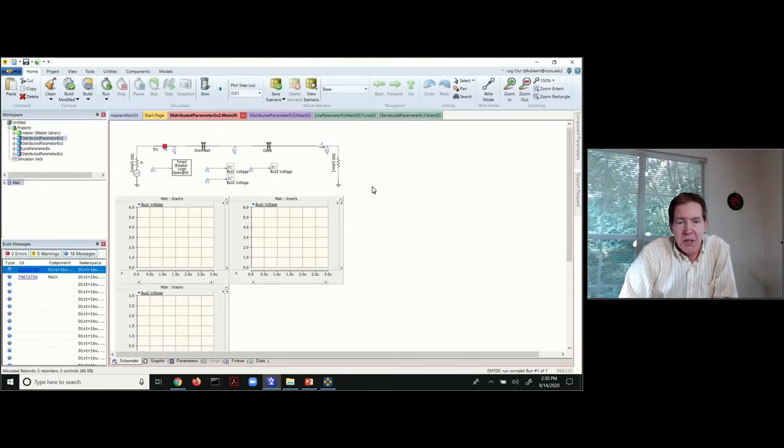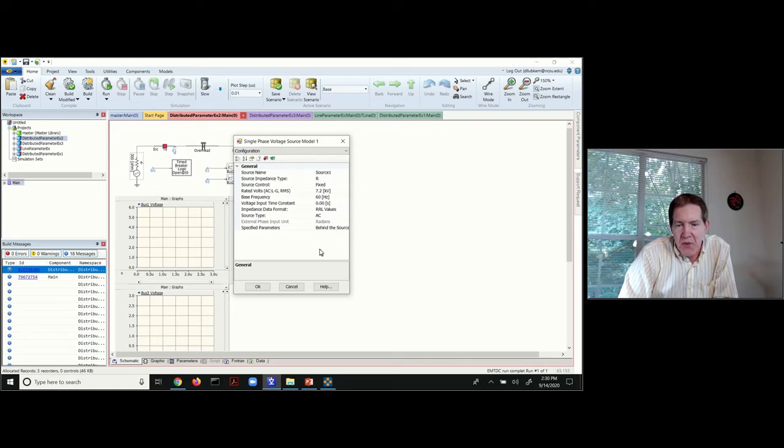here's the circuit. What I'm doing in this particular case is I've got a 300 ohm impedance in the source, so that's actually being used to model the pre-insertion resistance. As far as the source model, I'm just going to model this as a sinusoid, and I keep the simulation time step pretty small.